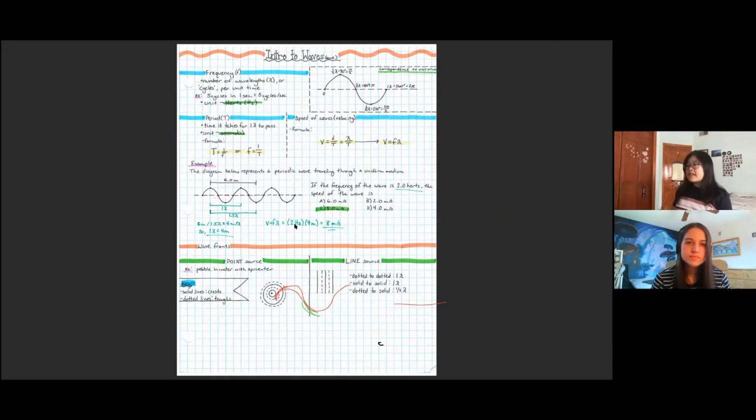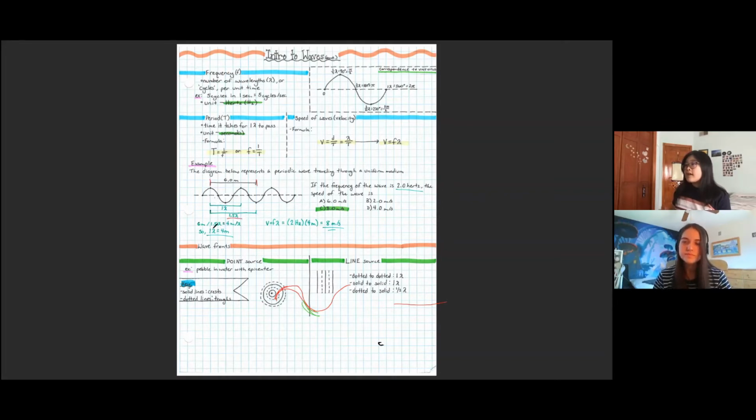So here we have an example problem. It says the diagram below represents a periodic wave traveling through a uniform medium. If the frequency of the wave is 2 hertz, the speed of the wave is... so here in the diagram, we see that this distance is 6 meters, but that is 1.5 wavelengths.